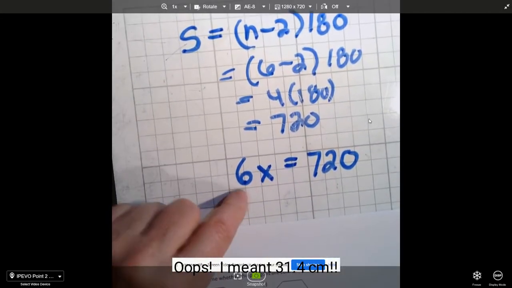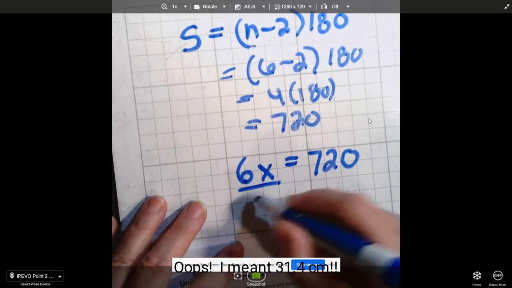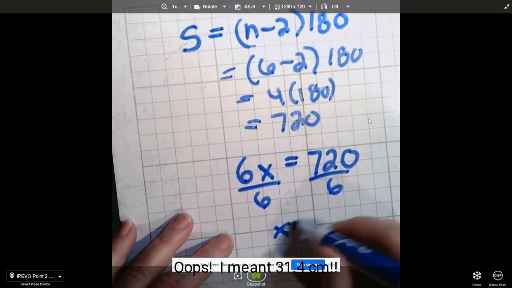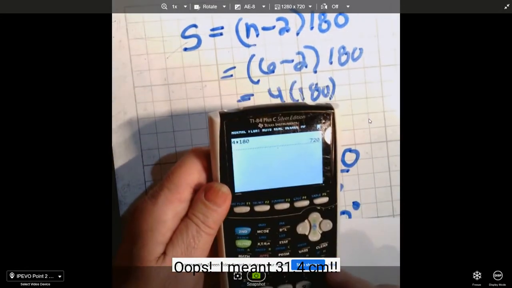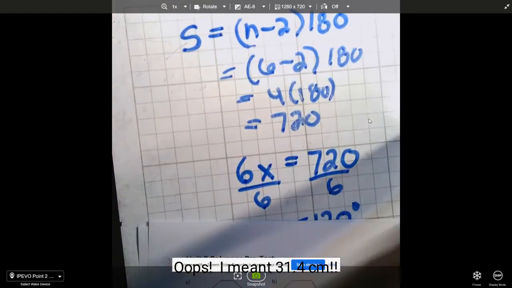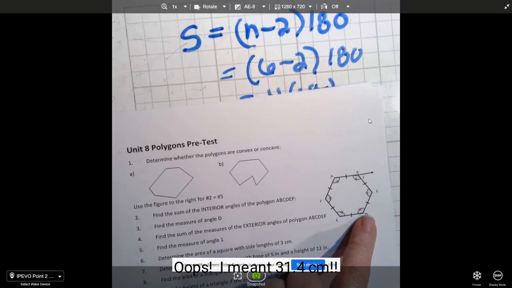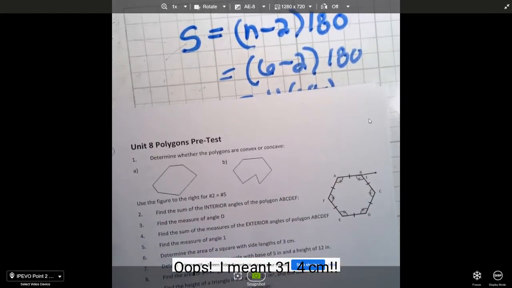So if I take 6 angles and multiply them together, I'll get that 720. Well, if I just want to know what one angle is, I can divide both sides by 6, and I'll get 120 degrees, right? You just take the 720 and divide it by 6, you'll get 120 degrees. So the measure of angle D is 120. They're all 120. This would be 120, this would be 120, and so on and so forth going around.